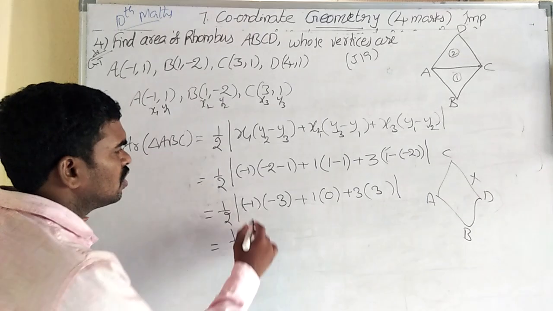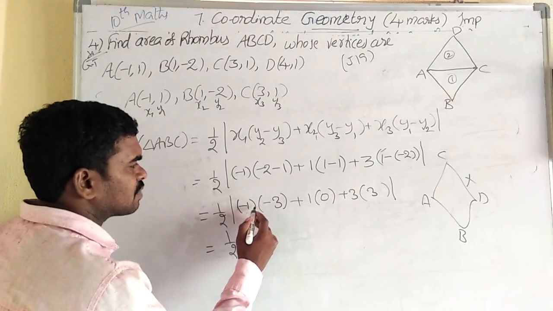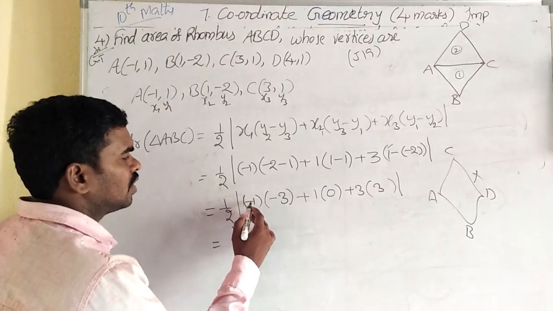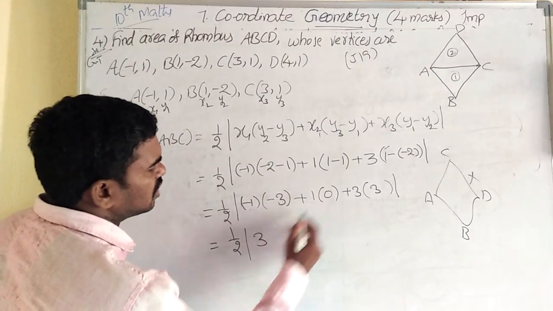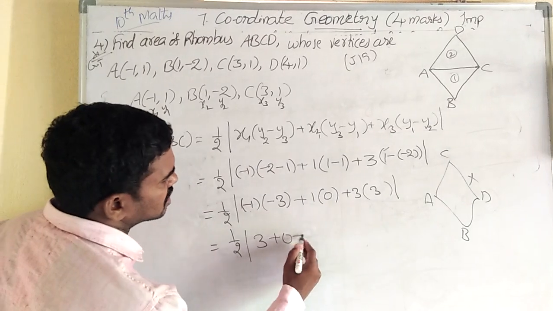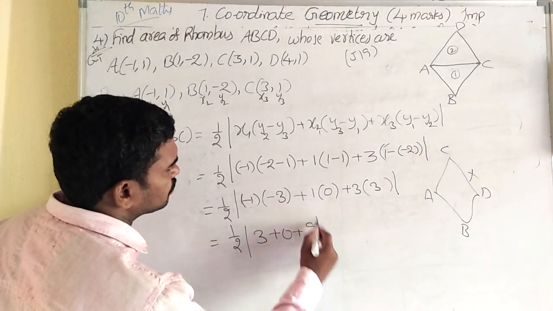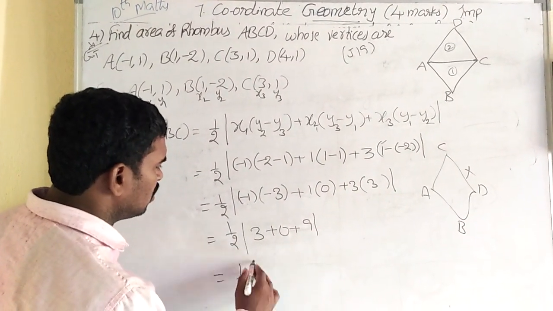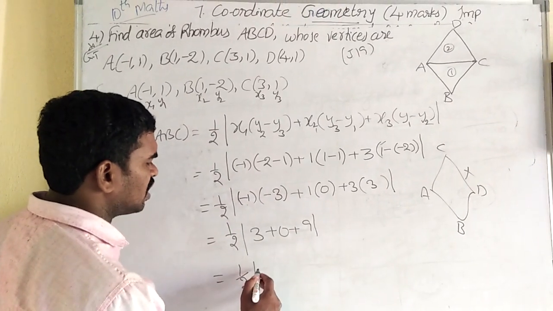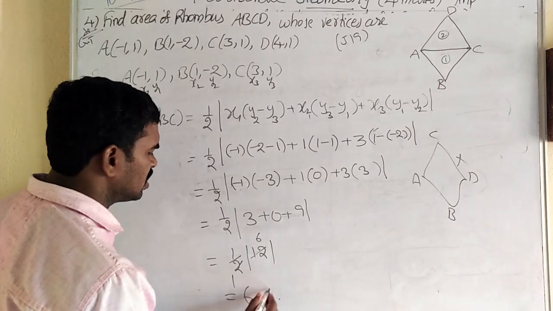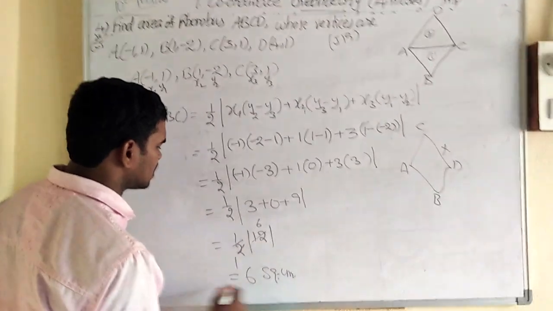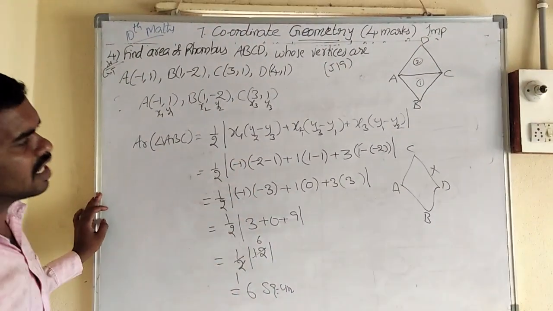So 1 by 2 into, here also minus into minus, because into is there in between, minus into minus is plus 1 into 3 is 3, next 1 into 0 is 0, next plus 3 into 3 is 9. So 1 by 2, 3 plus 0 plus 9 how much? 12. So 2 ones are 2, 6 is equal to how much? 6 square units. This is the area of triangle ABC.